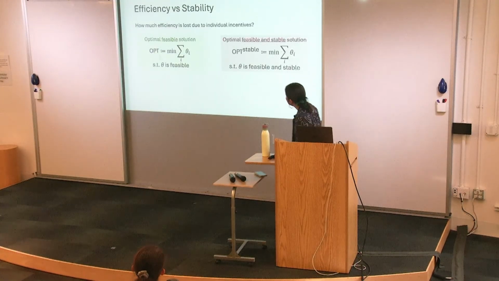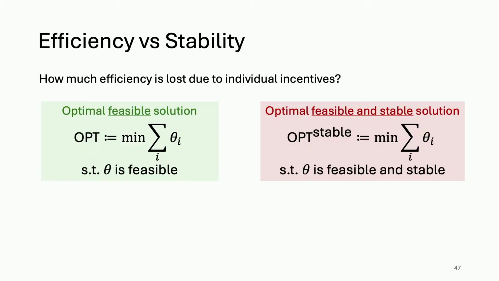Okay, so then go back to this central topic: the tension between efficiency and stability. How much efficiency is lost due to this stability? So we can define the optimal feasible solution, which is the solution that minimizes the total effort among all the feasible solutions, and the optimal feasible and stable solution by adding the additional stability constraint.